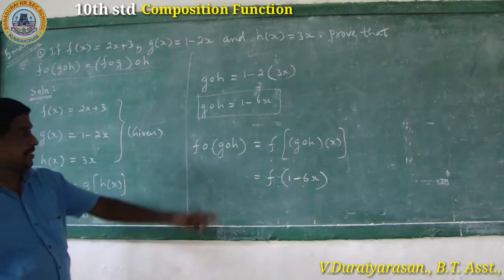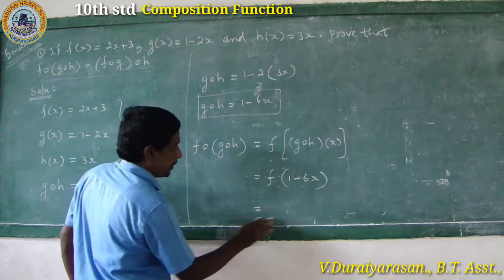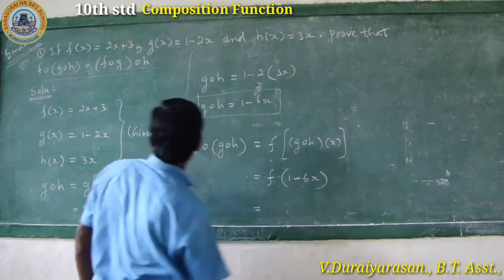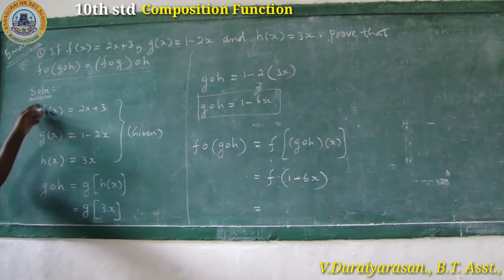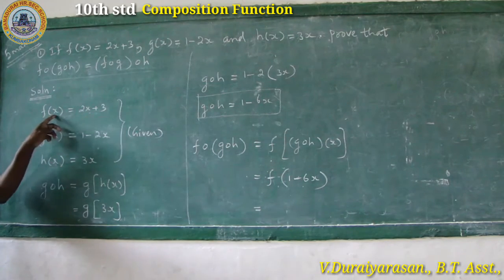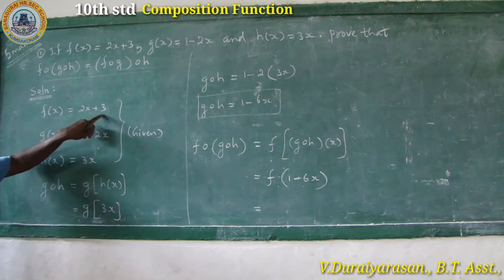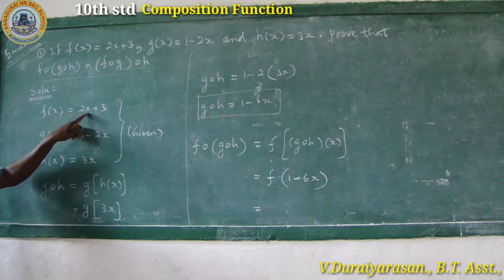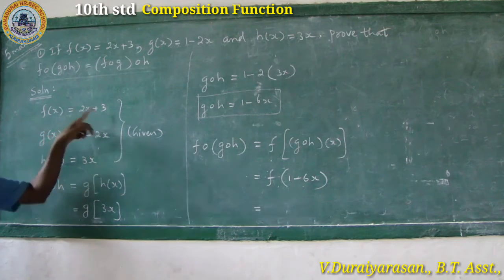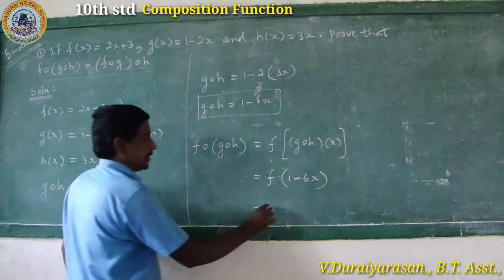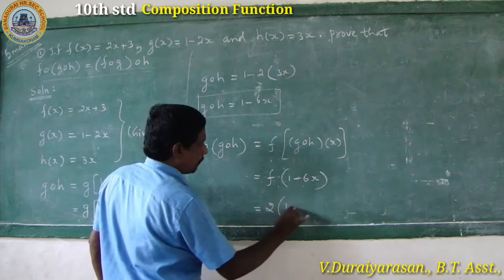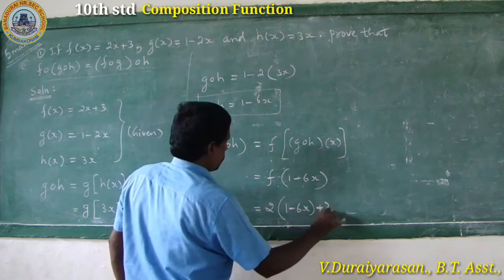What is the given value of f of x? The given function is x multiplied by 2, then add 3. So 2 times 1 minus 6x, plus 3.